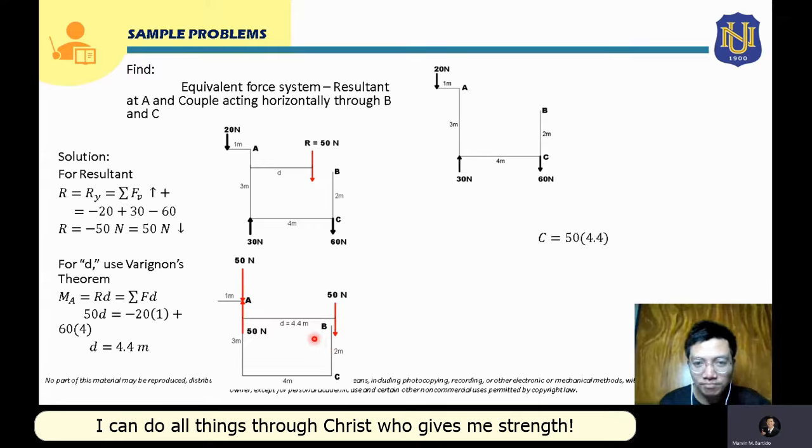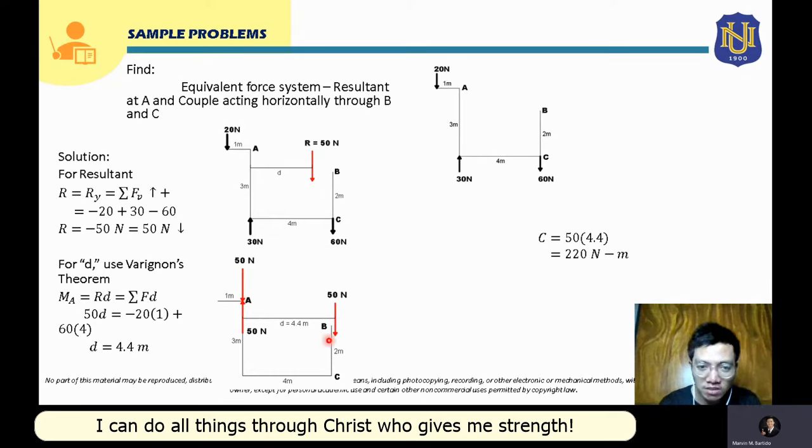The couple that will be produced will be F times D. The F is 50 Newton, since they should be equal, and the perpendicular distance between them will be 4.4. So we can solve for the couple, and that will be 220 Newton meter.